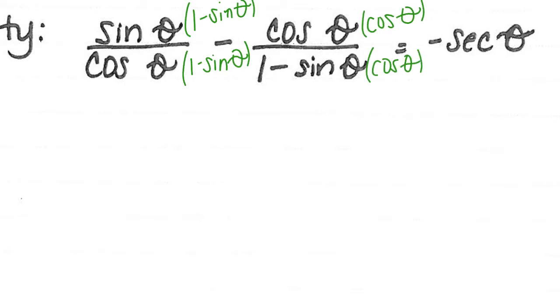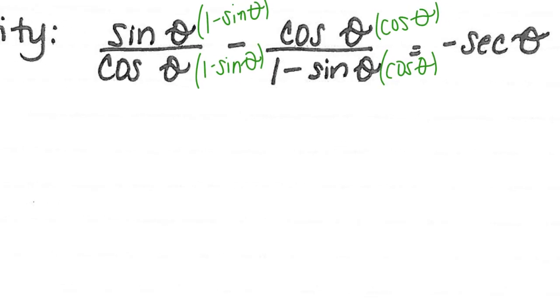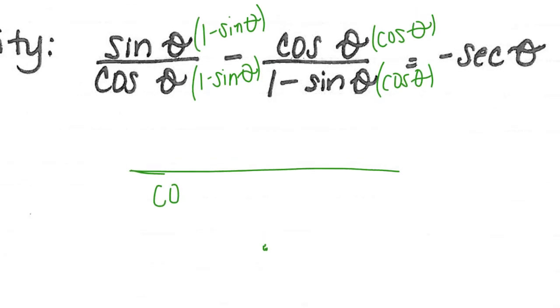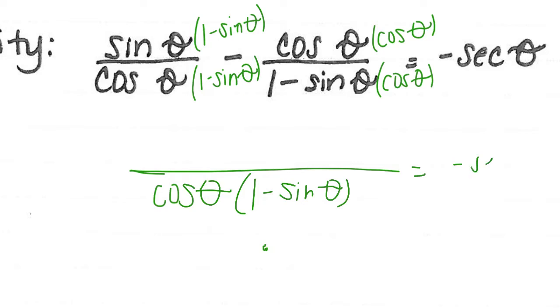And let's see what happens here. On the top, I'm going to draw one straight vinculum. On the bottom, I do just have the cosine, sorry, I'm struggling with my little pen today, of theta, times 1 minus the sine of theta. And remember, this is still equal to the negative secant of theta.